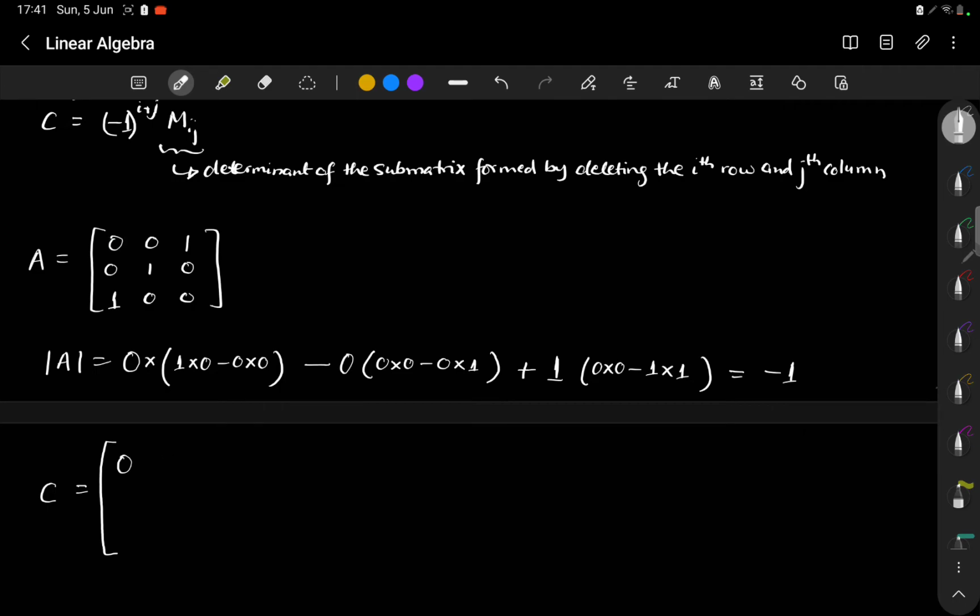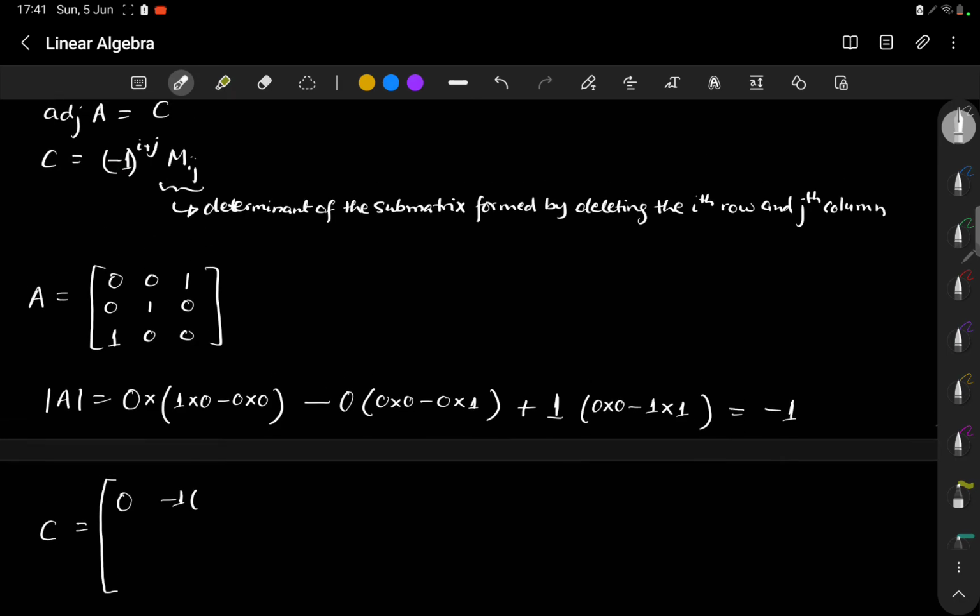Then for the next element, we will have minus 1 times, because this is minus 1 raised to the power i plus j. For this element, i plus j is 1 plus 2, which is 3. So minus 1 to the power 3 is minus 1. So we have this negative sign. And then we will delete this row and this column.